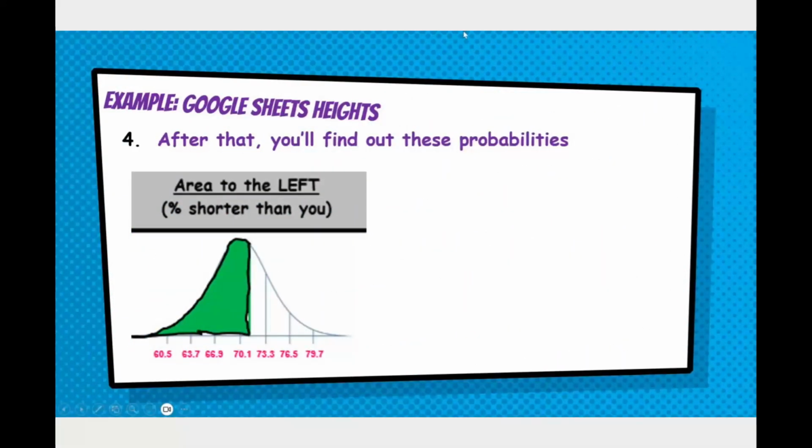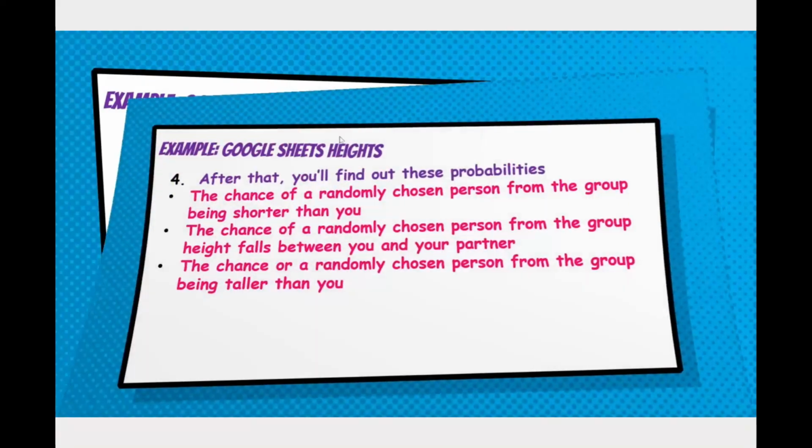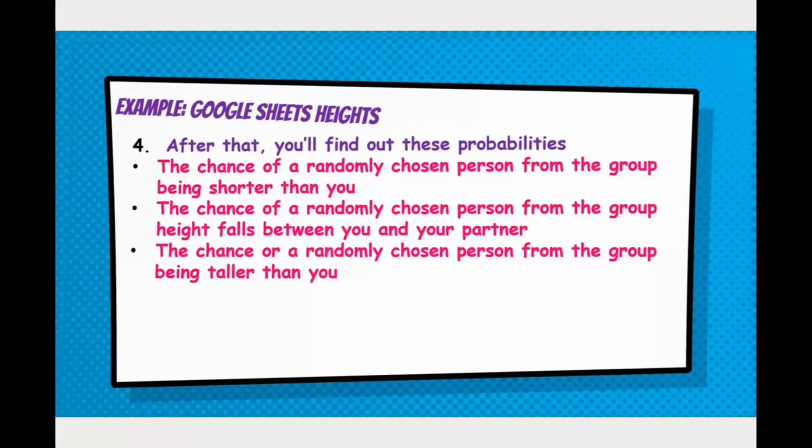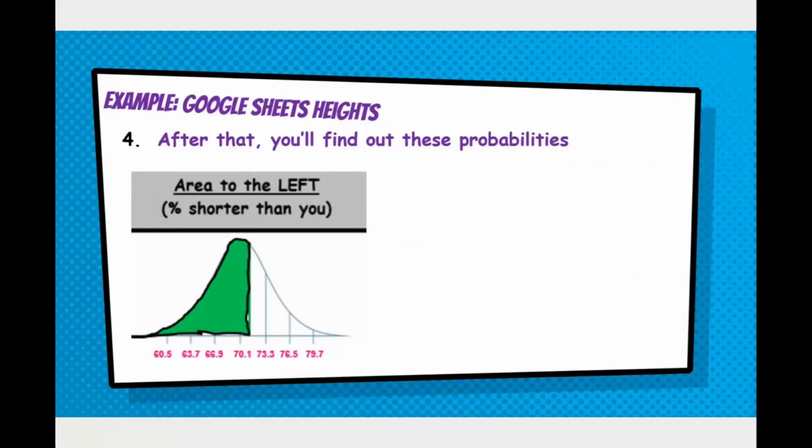Okay, so let's look at this one first. So we're going to find these probabilities. To find the probabilities, let's look at the area to the left first. This is the way the formula looks. It's a NORMDIST function.